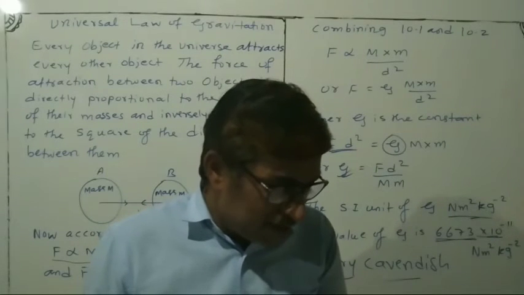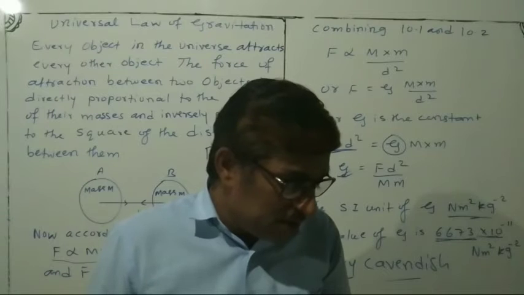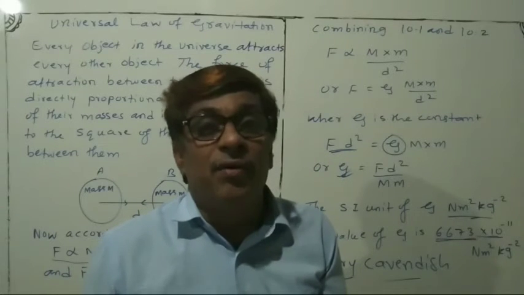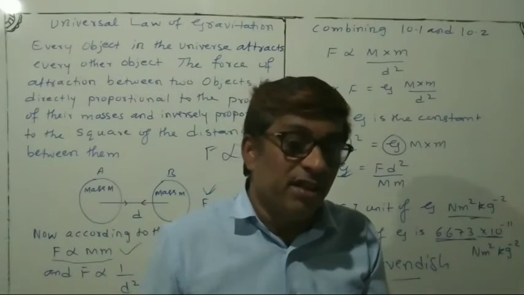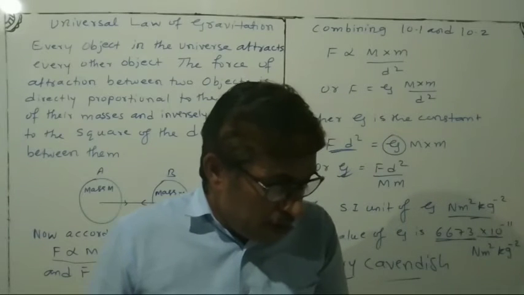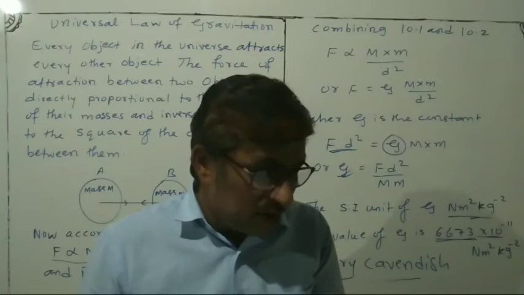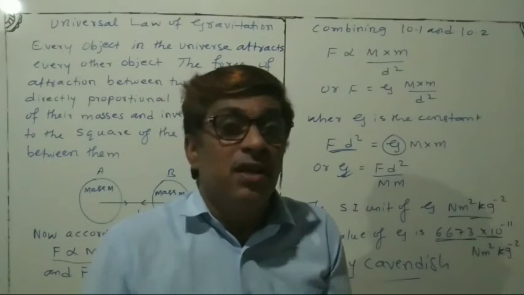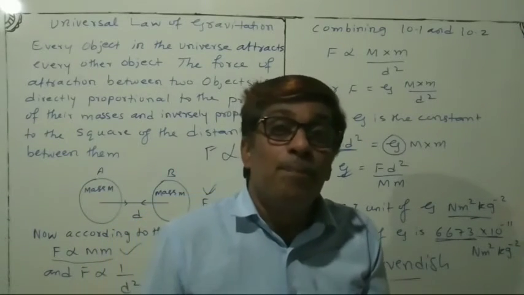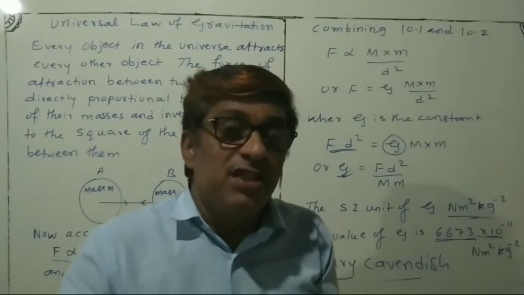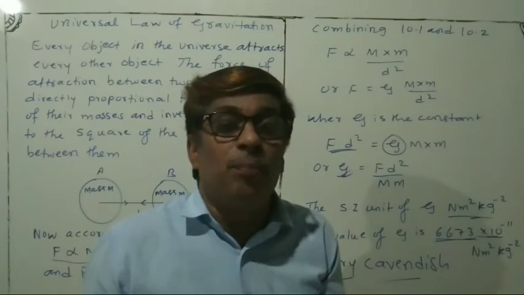What are tides? Change in the sea level. The tides happen due to the gravitational pull of the moon and the sun. So there are 4 important points of the universal law of gravitation.